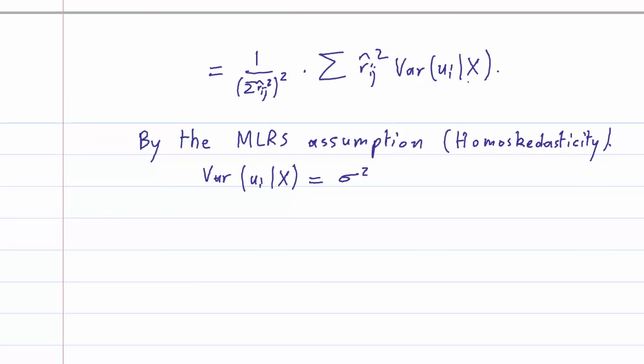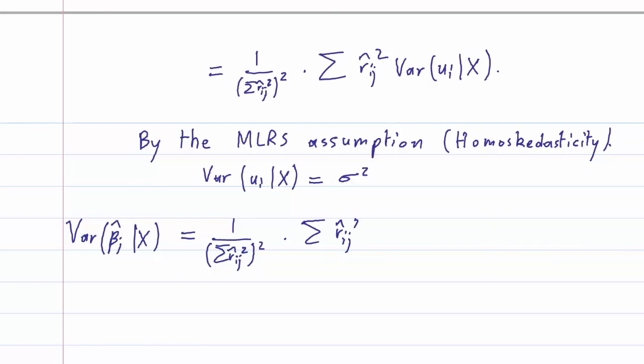So we can replace the variance of the ui by sigma squared. So we get variance of beta j, conditional on x, is equal to 1 over the sum of Rij hat squared times the sum of Rij hat squared times sigma squared.